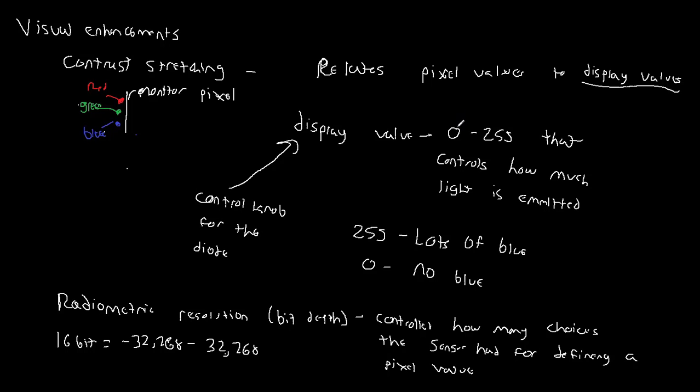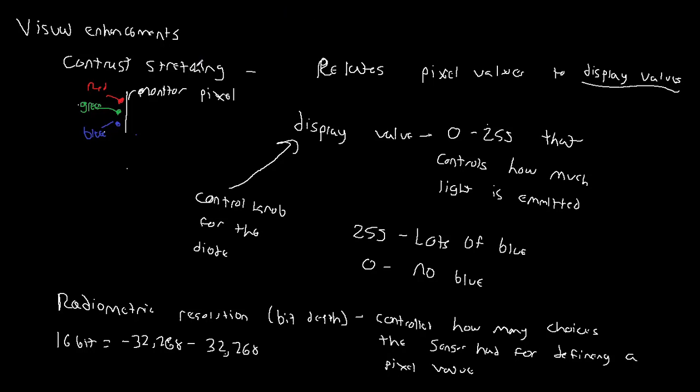Well, I just told you that the display value, what your monitor understands, the control knob that determines how much red light this little diode is emitting, only understands values of 0 to 255 in whole numbers: 0, 1, 2, 3. You can't have fractions. So how do we go from negative 32,000 to positive 32,000 to 0 to 255?